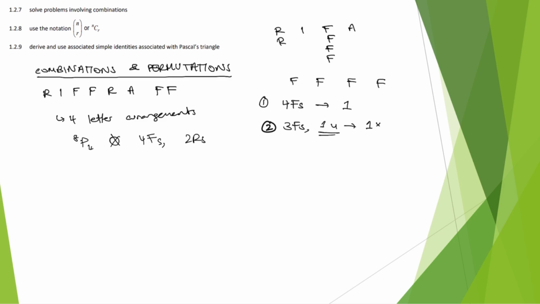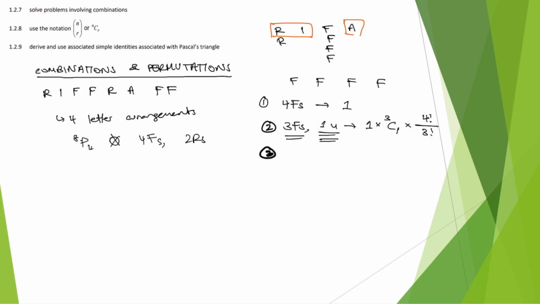And then, in terms of the 1 unique letter, I can select from R, I, and A. So I have 3 possible options, so 3 choose 1 possibilities. Then, in terms of arranging them, I have 3 Fs and 1 unique letter, so I have 4 factorial divided by 3 factorial different ways of arranging that. This is the number of Fs, the number of repeated units, so I divide out those arrangements.